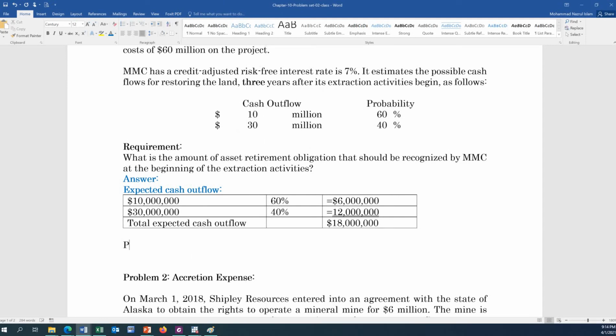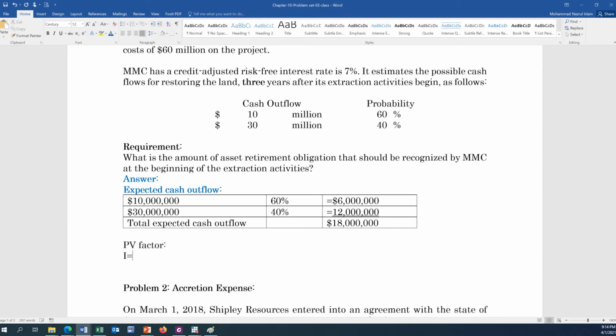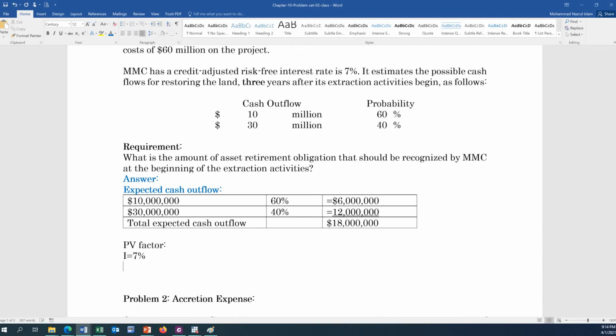Now present value factors. We know that i equals 7% and n equals 3.